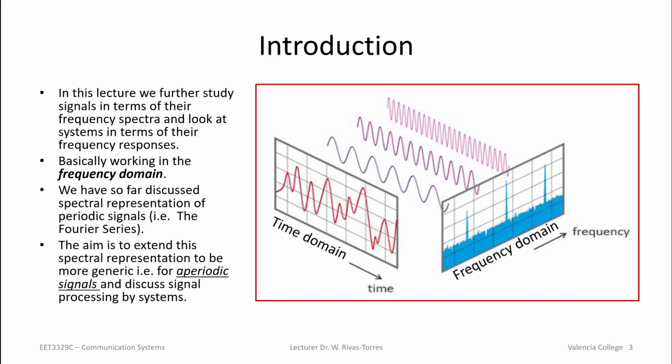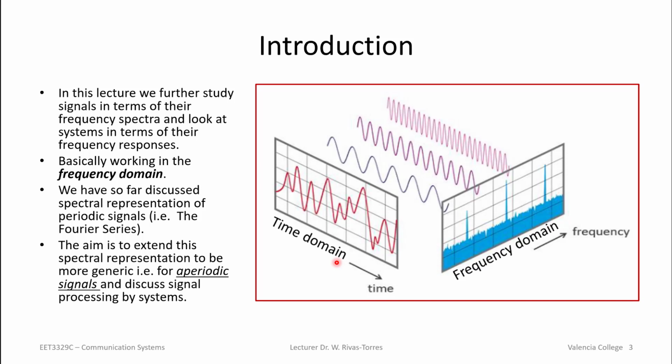And I had mentioned during lecture number 2 that this is really a different representation. So essentially, there is a time domain and there is a frequency domain. If we look at the time domain here, this is what you would see on your oscilloscope, and this is what the signal looks like to us in real time.